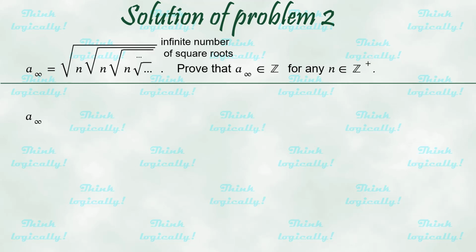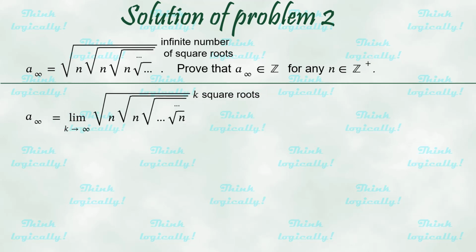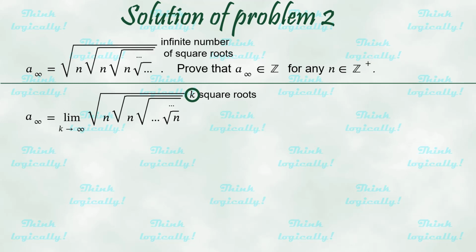So a sub infinity is the limit of the expression with k square roots when k tends to infinity. But the expression with k square roots is a sub k. And for a sub k, we have a closed formula, which looks very handy here.